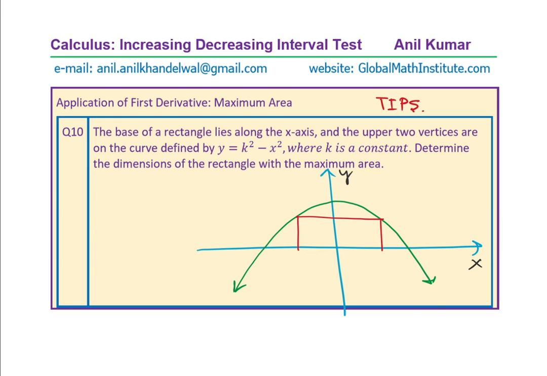Let me just do one thing. I'll change this line. It will be better for me. So I'll make it as per my drawing. Now this is better, correct? So that is a parabola, which is defined by this equation. We have a rectangle and we need to maximize the area.